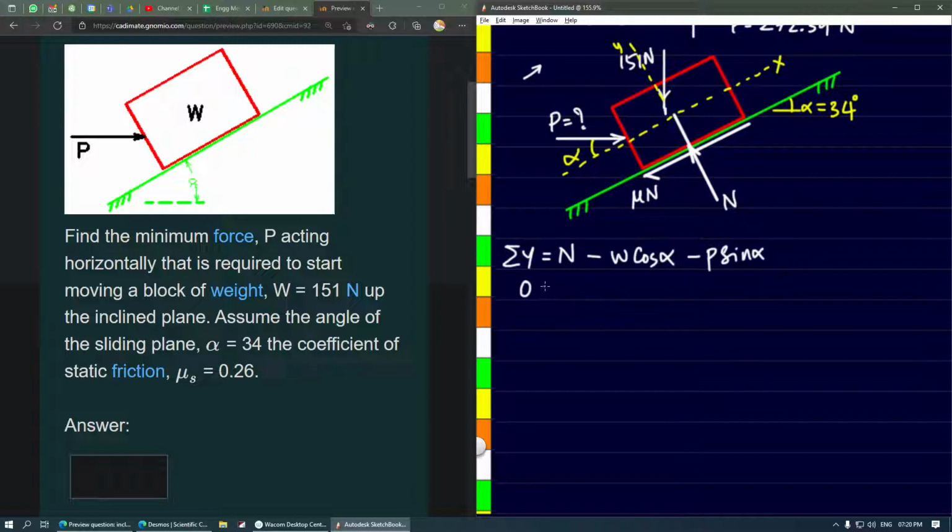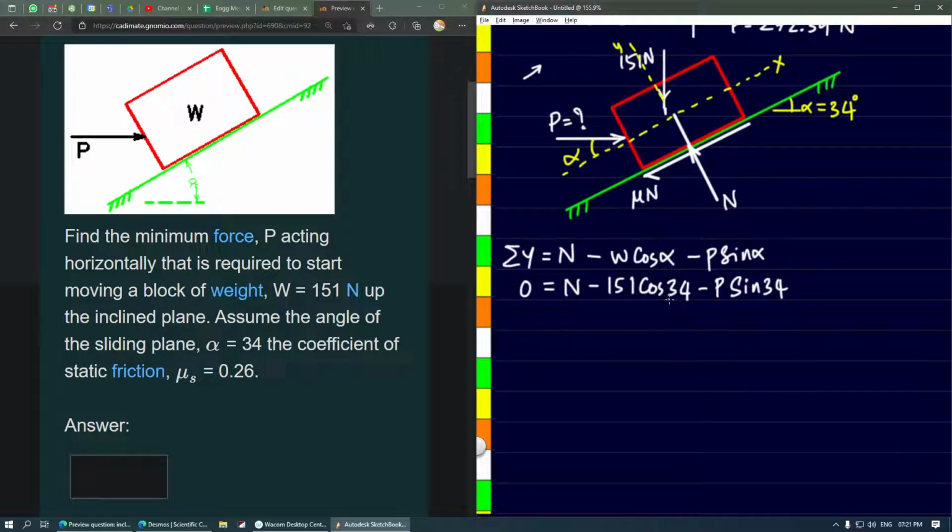So the sum total of these forces has to be 0 because the object has not yet started moving. N is not known, W is given as 151, cos alpha is given as 34, minus P is yet to be found, and alpha is again given, so sine of 34. So this is our equation.